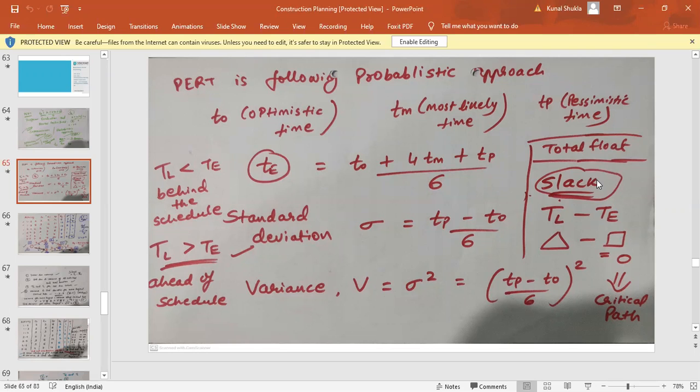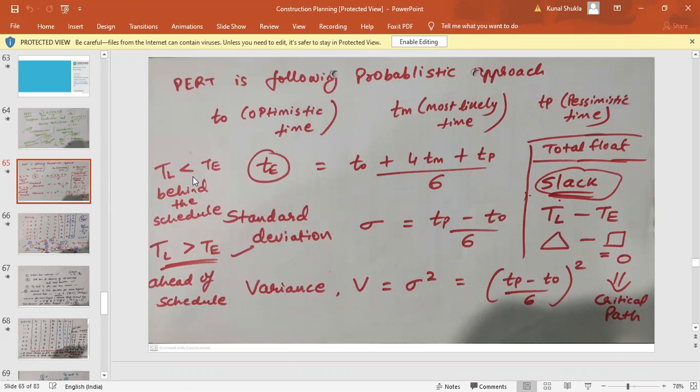Instead we have slack, where we deduct the triangle bracket minus the square bracket, and if it comes out to be 0, that activity can be on the critical path. So that is the difference between the CPM and the PERT method. Not all the activities with 0 slack will be on the critical path, but the path found by all such 0 values will be the critical path. It will be more clear with the example.